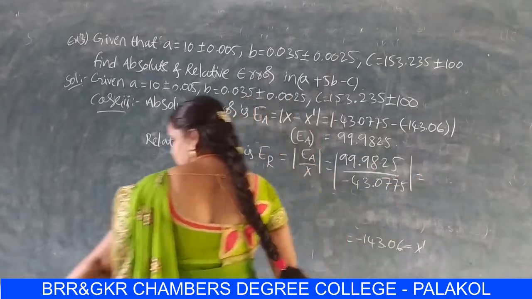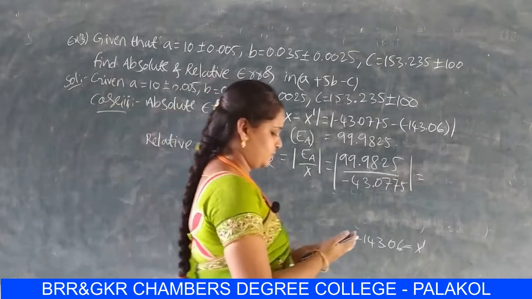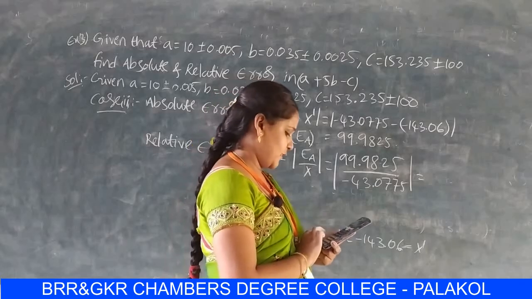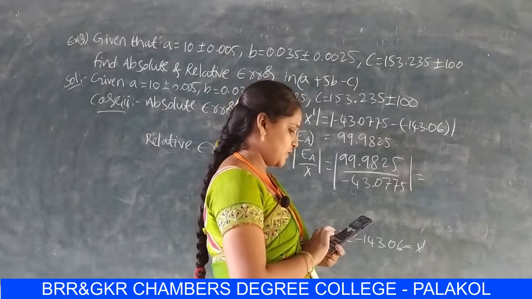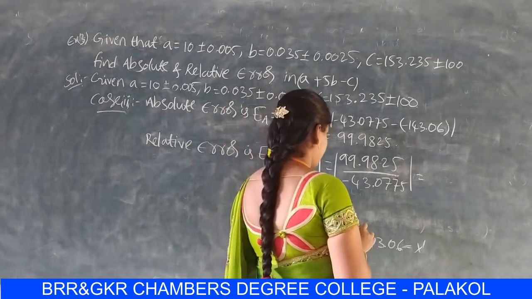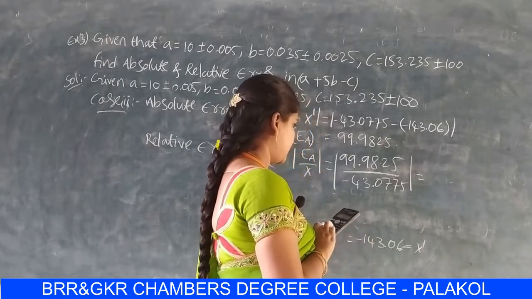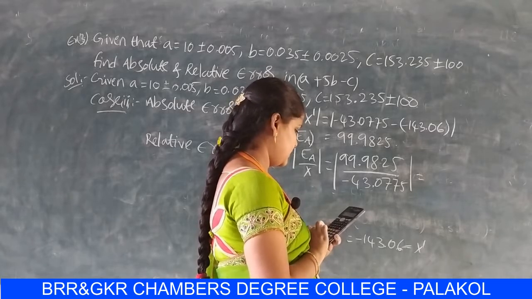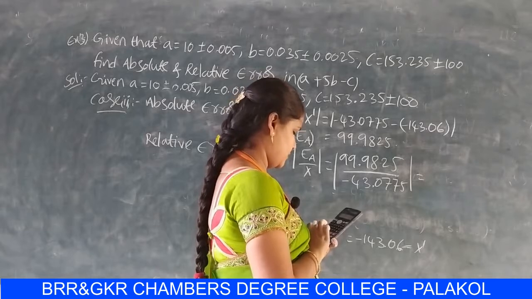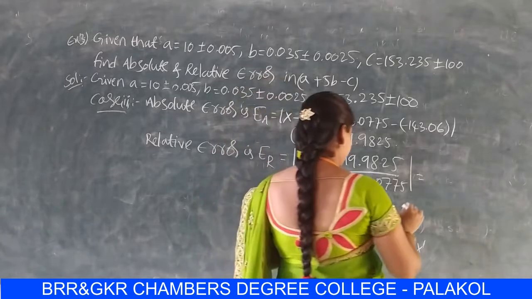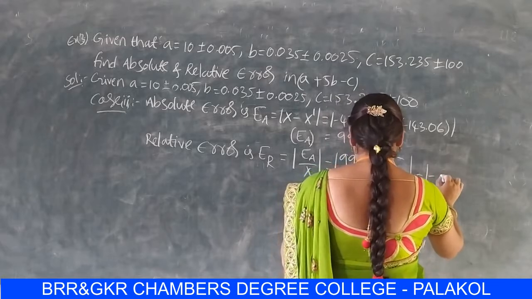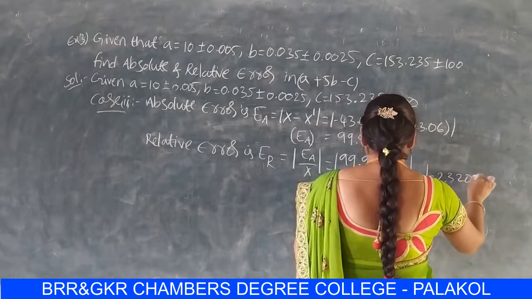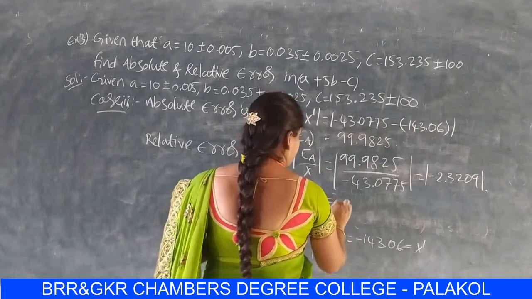So this value is simplified on the scientific calculator: 99.9825 divided by minus 43.0775 is nothing but minus 2.3209. Negative values are always positive in modulus.